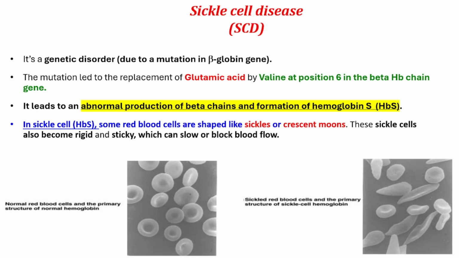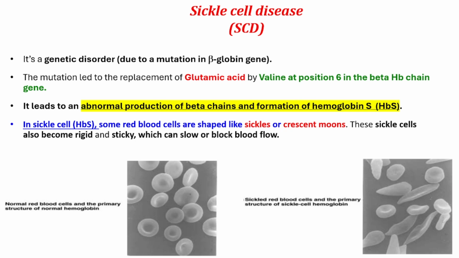So I change from a hydrophilic to a hydrophobic amino acid by just 1 mutation. By this change, I obtain what we call hemoglobin S. It's not hemoglobin A anymore, it's hemoglobin S.